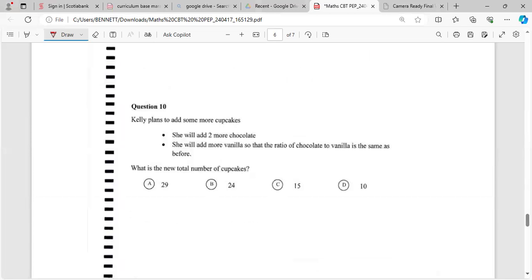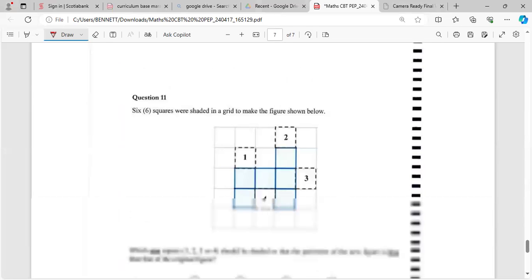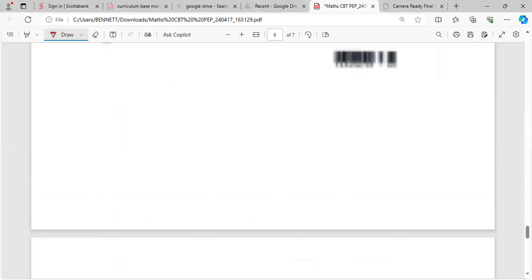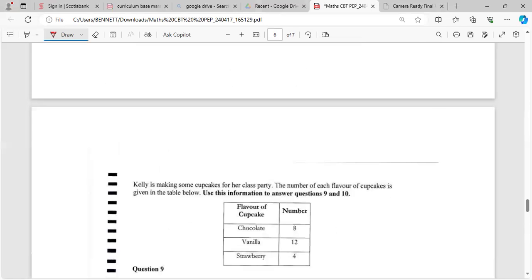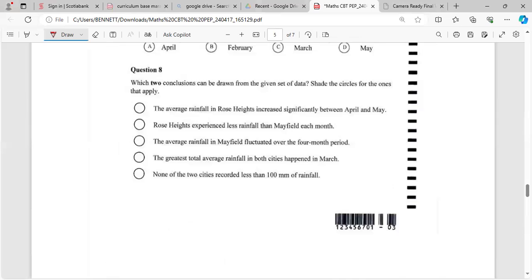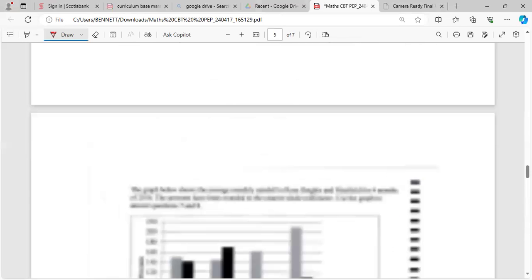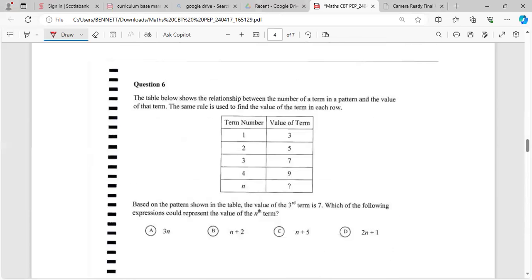This is Kelly's plan to add some cupcake business. Well, we're going to actually finish this very quickly tomorrow. We're going to do this and another paper tomorrow. We can finish this very quickly based on what I'm seeing.